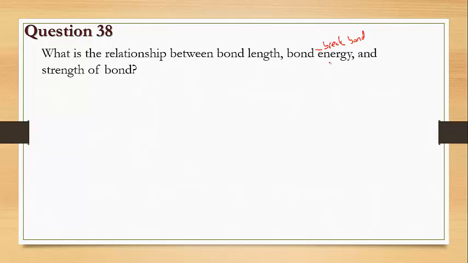Now, the strength of bond and bond energy, that is a direct relationship. So the stronger the bond is, the more energy it's going to take to break it. Now, as far as bond length goes, the longer bond, compared to a shorter bond, is going to be easier to break. So it has less bond energy.